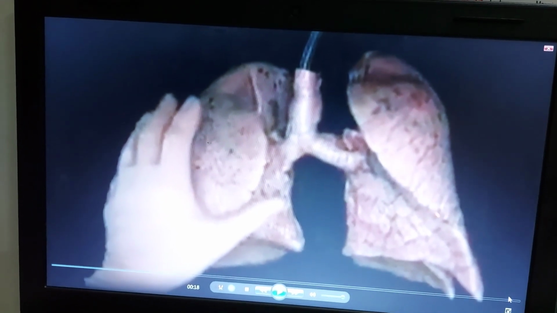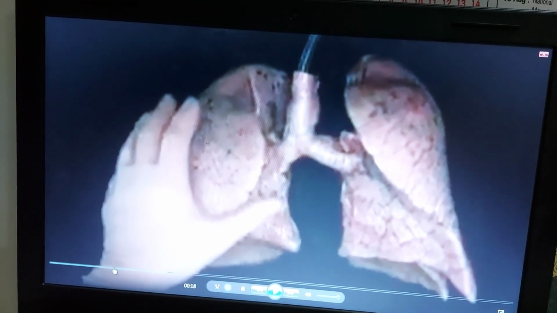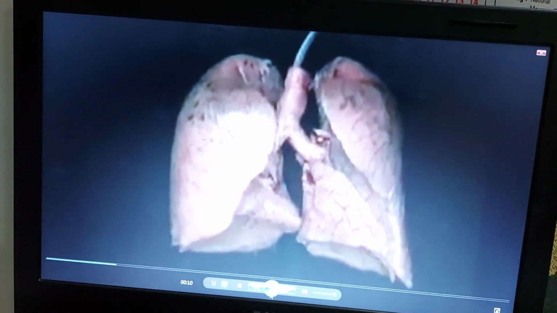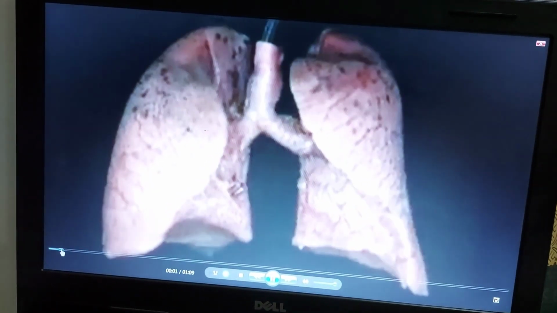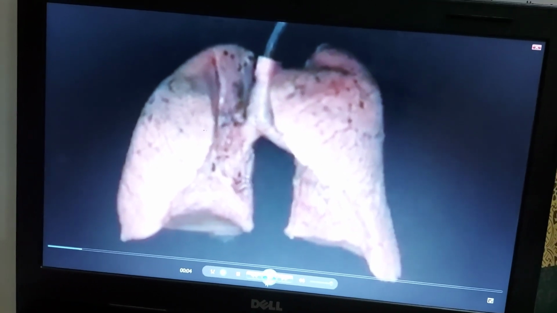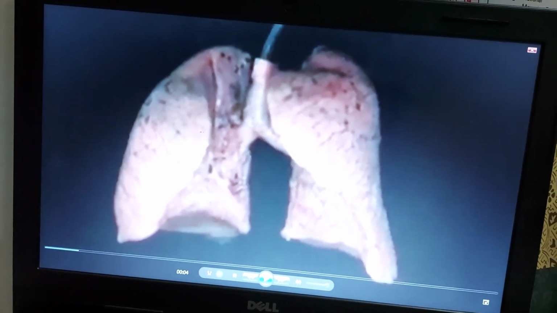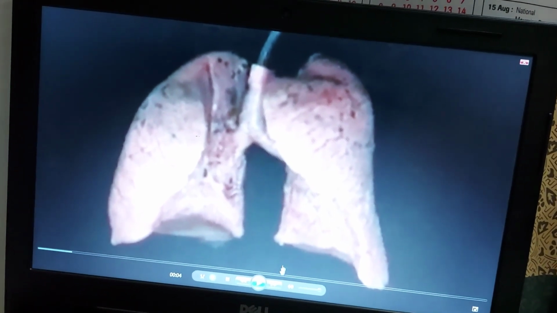So in the anterior border of the left lung, you can see that there is a lingula. Lingula means there is a notch in the anterior border, and that is called the cardiac notch. This is the cardiac notch.